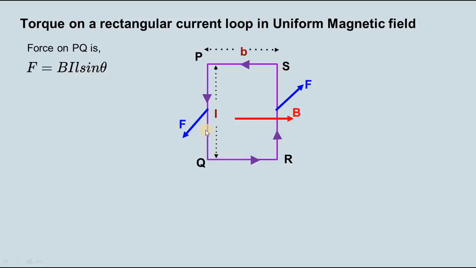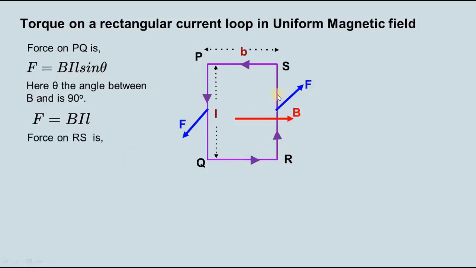That is 90 degrees, and hence the force is BIL. The direction of force is given by Fleming's left-hand rule and it is perpendicular to PQ and outwards.